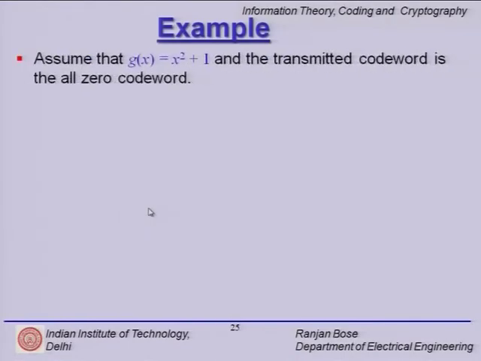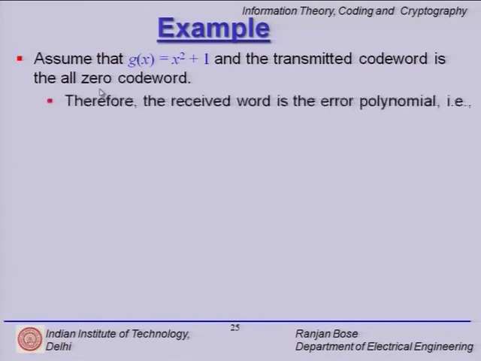How is that? Assume that g of x is being used as the generator polynomial, and without loss of generality, we can say that the transmitted code word is the all 0 code word. It is a linear block code, so you can always do an example with the all 0 code word and generalize it.